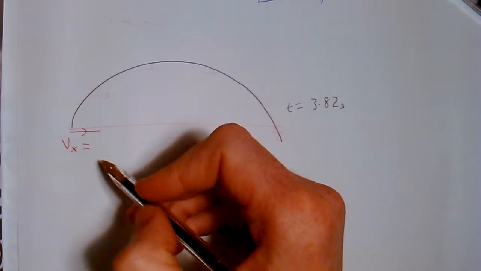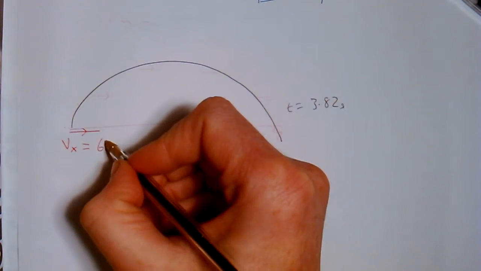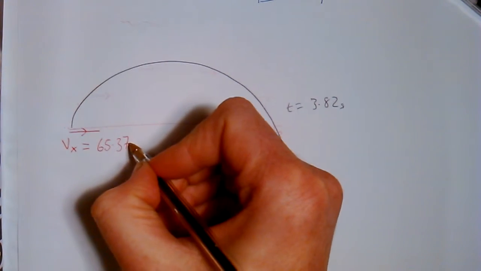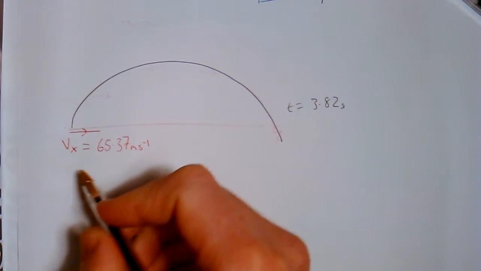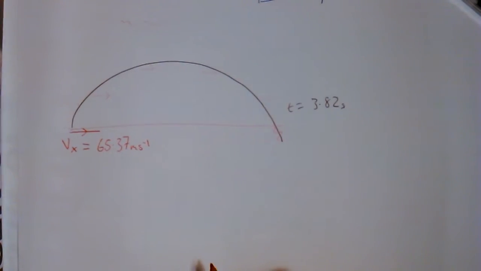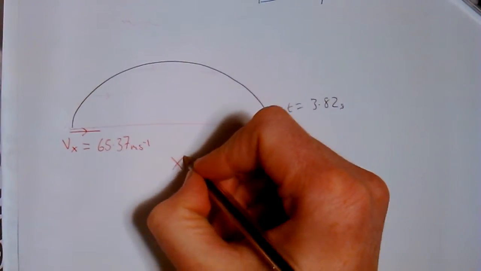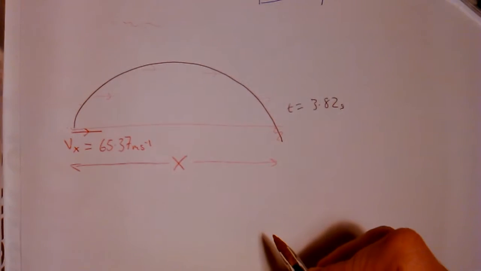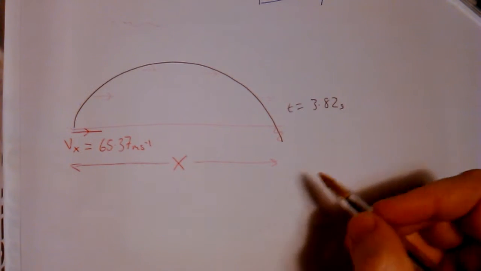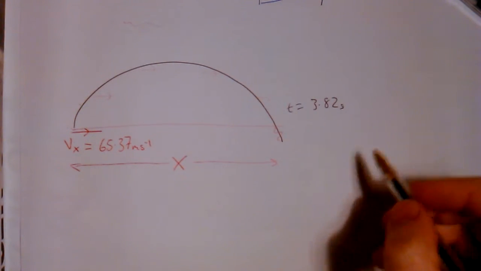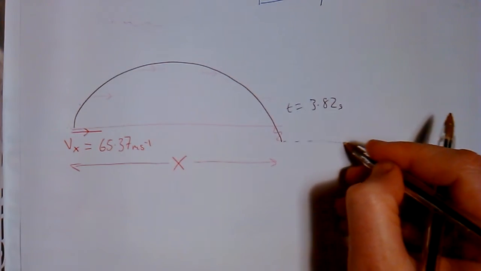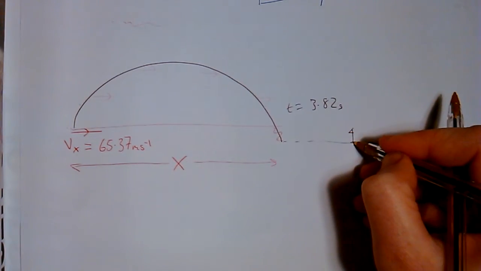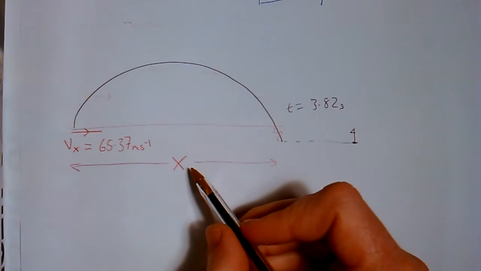We worked out the horizontal component to be 65.37 meters per second. So it's traveling quite quickly in the horizontal direction. We want to find that horizontal distance, x. And then once we've got it, we can work out where this hole is. We know it's over here somewhere, sticking out the ground. Yay, hole.